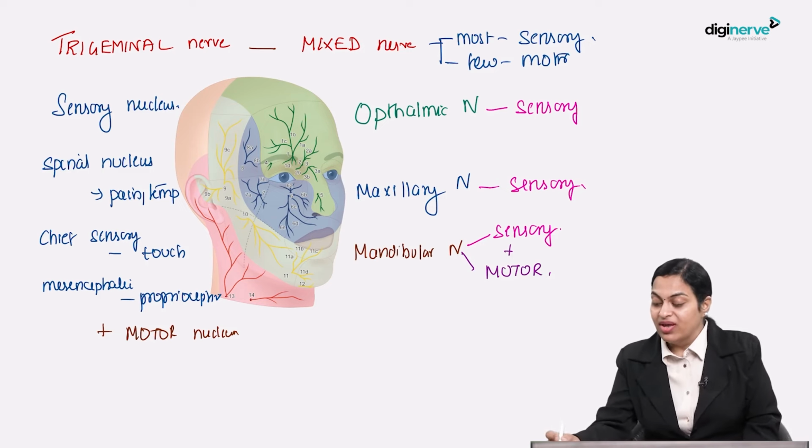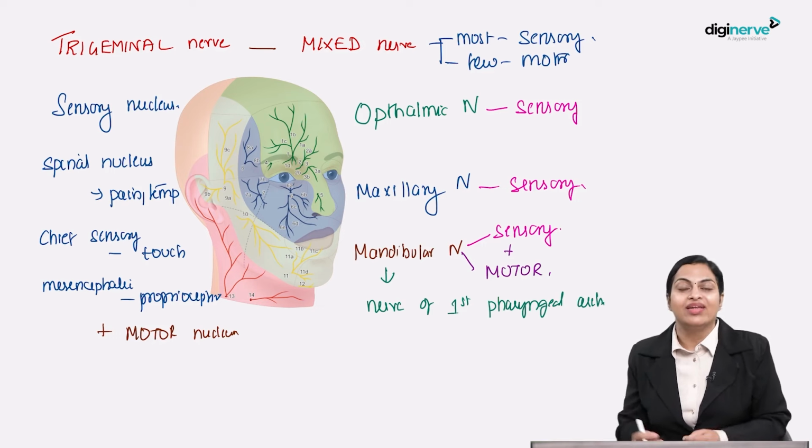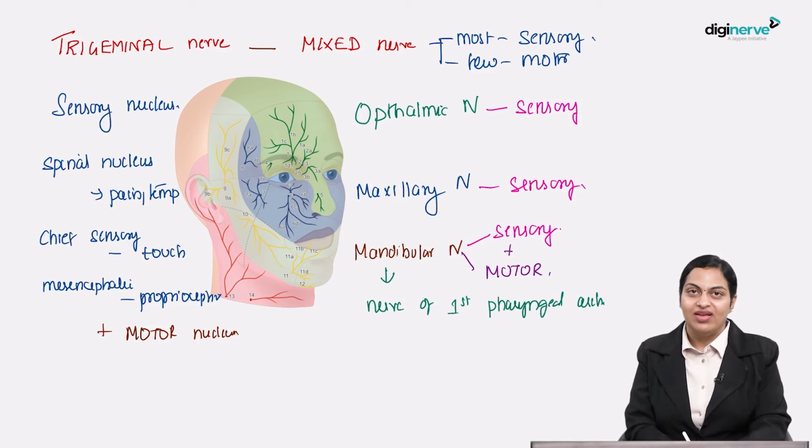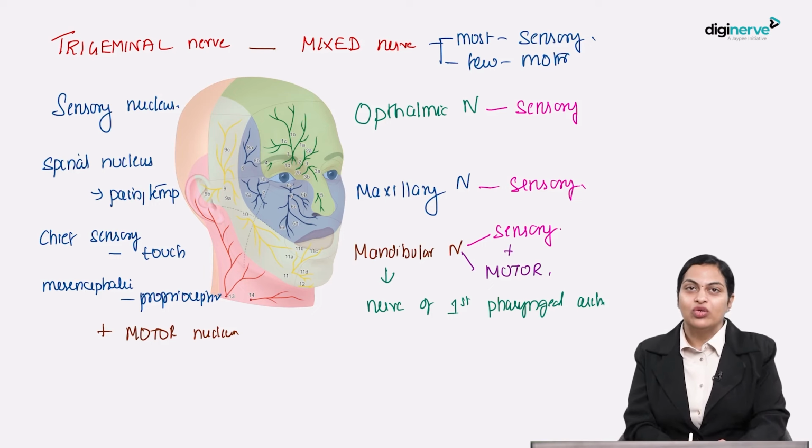And remember, the mandibular nerve is the nerve of the first pharyngeal arch, special visceral efferent column. Yes, we have discussed in detail in the head and neck session, right? So, for further basic details, refer to the head and neck session.